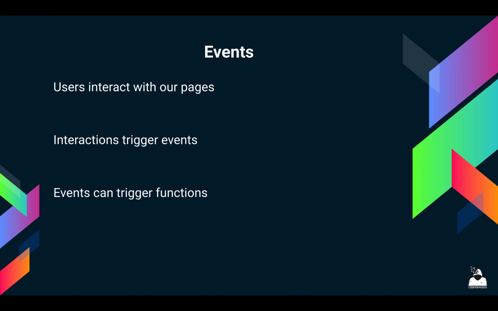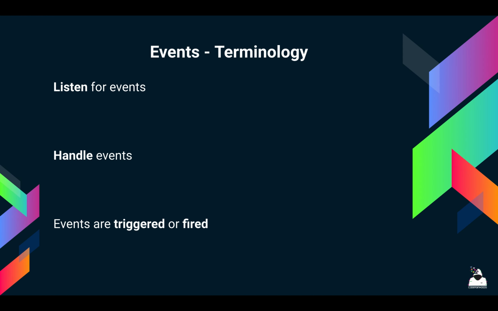We can tell the browser that when a user triggers an event, it can actually run a function. So we listen for events, and then when that event is fired or triggered, we handle that event. So we listen for events, we use handlers to handle when the event is triggered or fired.